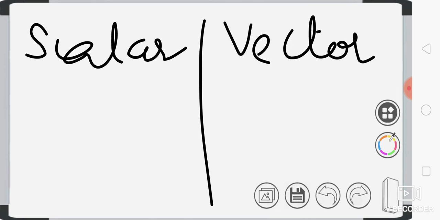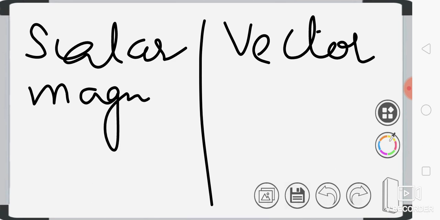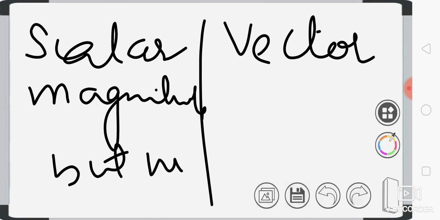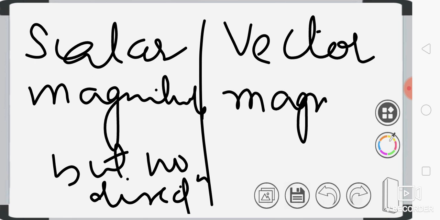A scalar just has magnitude but no direction. In a vector, there is both magnitude and direction.